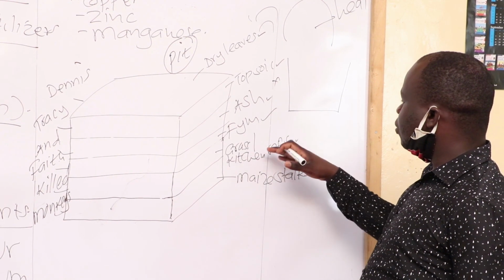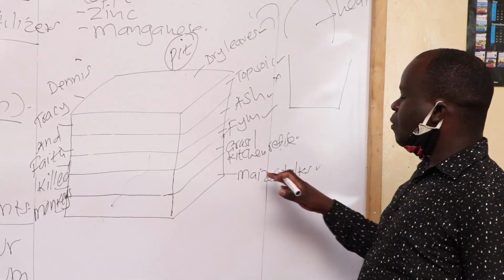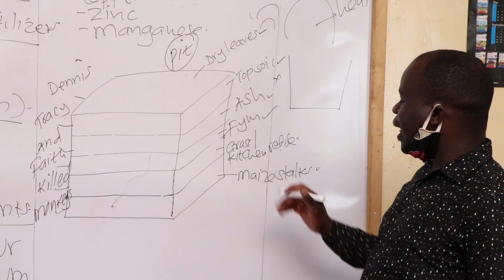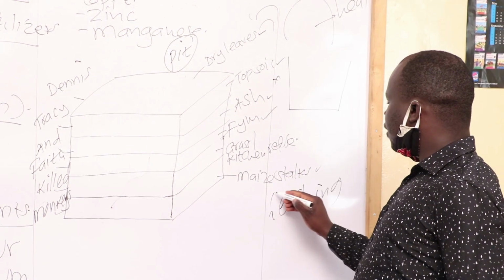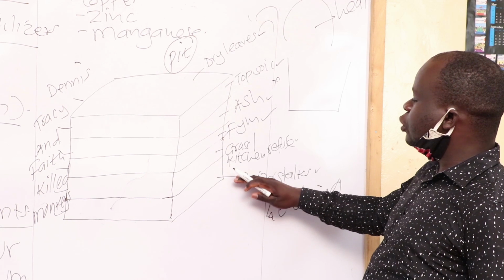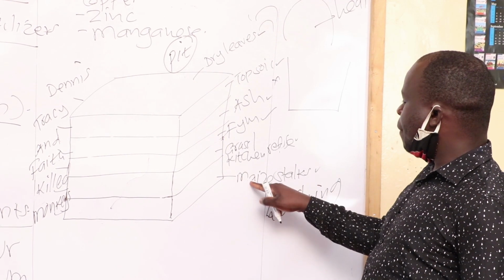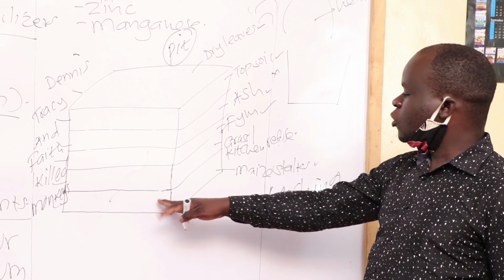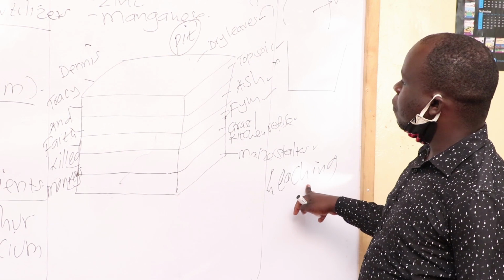Kitchen refuse, this one is not well considered. Maize stalks prevent leaching of nutrients. Leaching is that process of nutrients going down beyond reach of plants. So the purpose of the maize stalks here is to prevent any further leaching of nutrients from the pit.